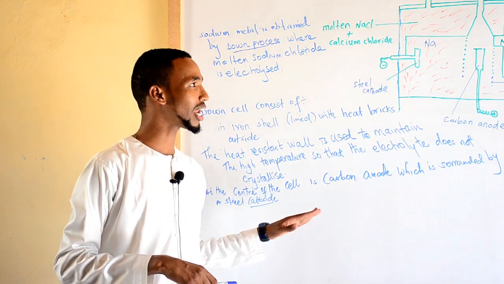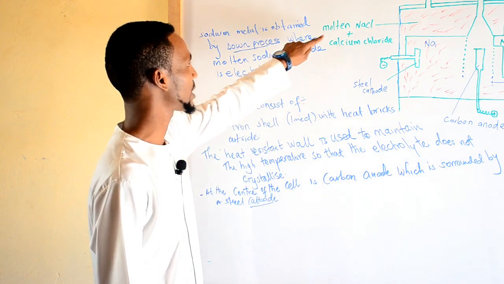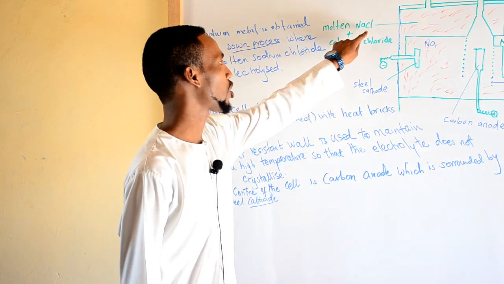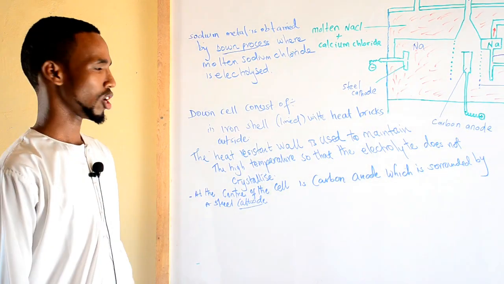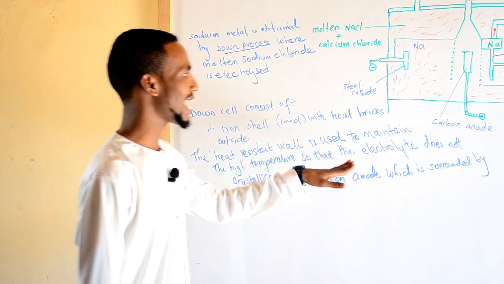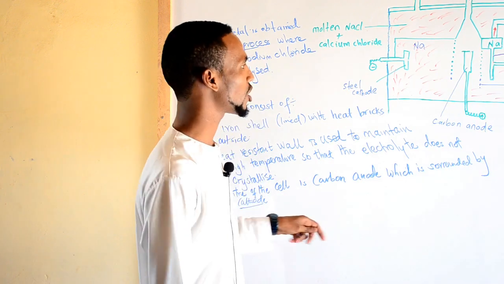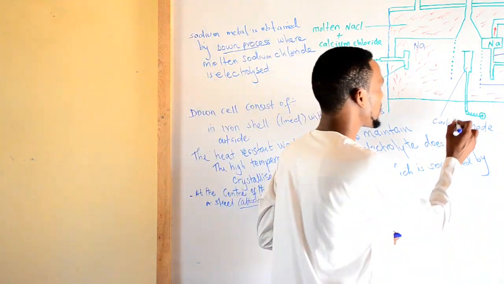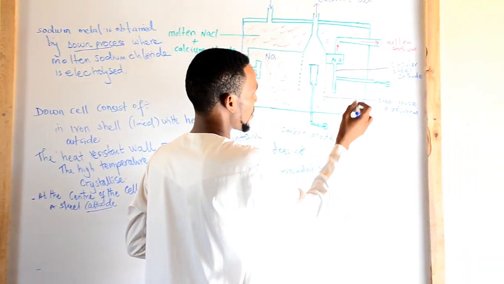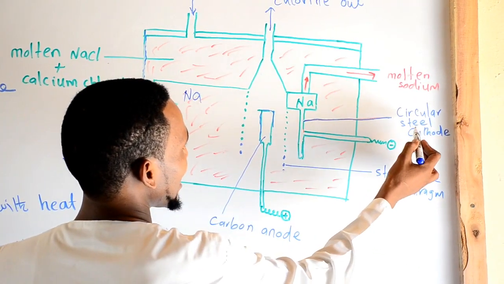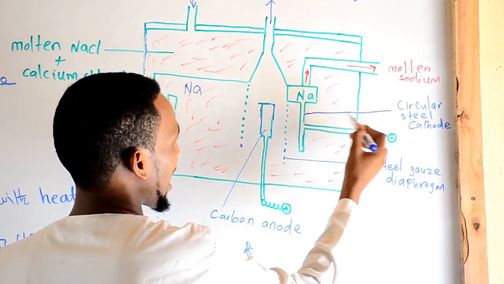Our electrolyte, we have already discussed, is molten sodium chloride. Then we must have electrodes. And the electrodes are the carbon anode, which is at the center here, surrounded by a circular steel cathode.